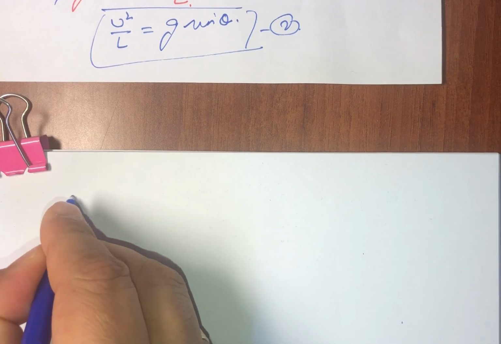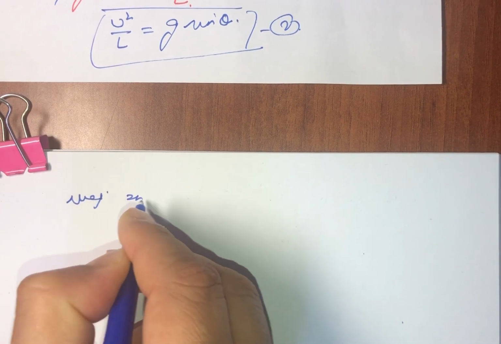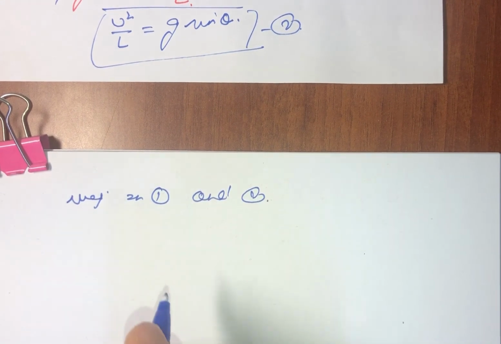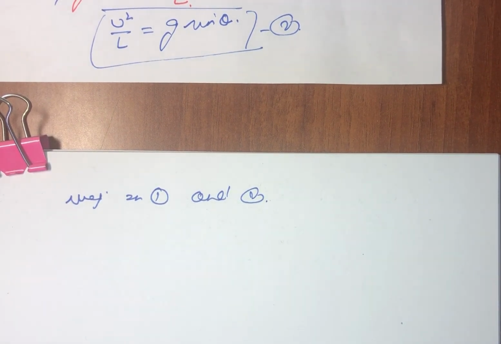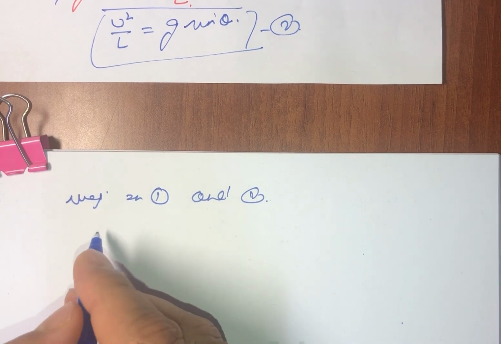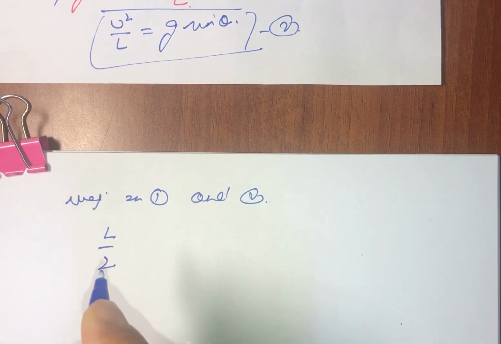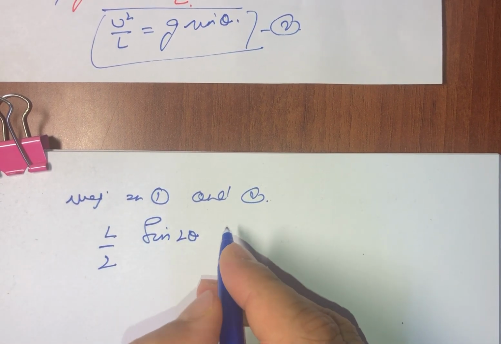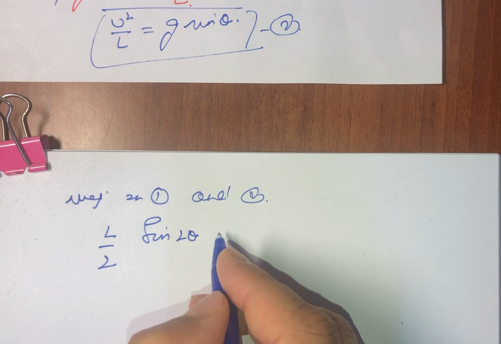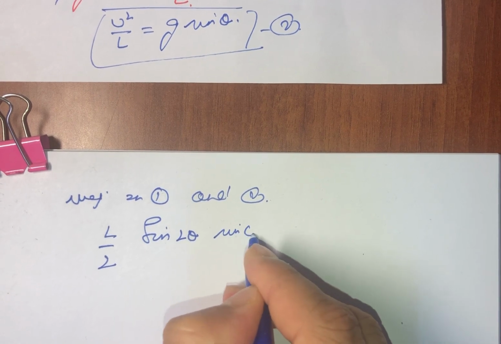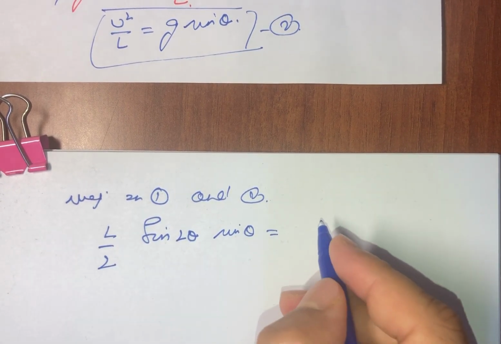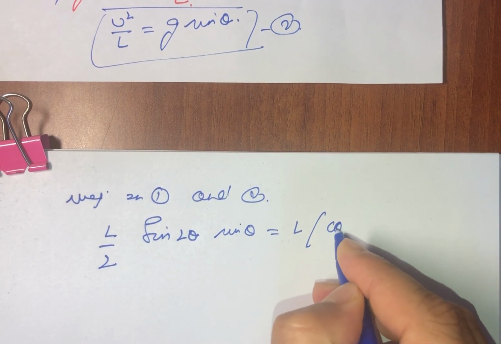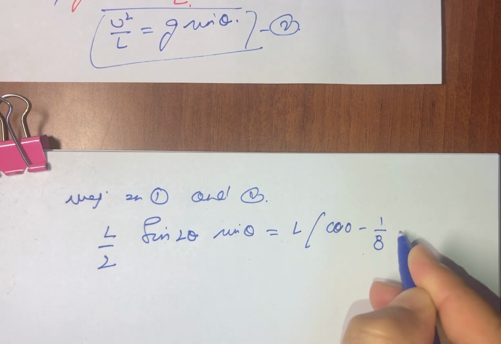So using equation 1 and 2, you can say that L by 2 sine of 2 theta multiplied by sine of theta is equal to L cos of theta minus 1 by 8.